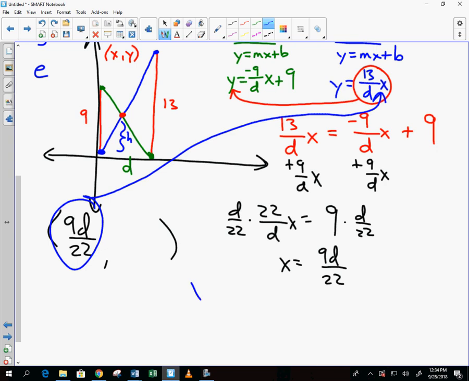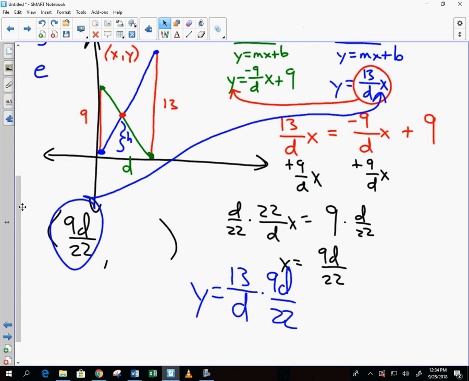So y is equal to 13 over d times, what is x? 9d over 22. What do you notice happens? The d's cancel, just like you wanted to. You wanted those d values to go away, and they do. And I get 9 times 13 divided by 22, which is 5.32.